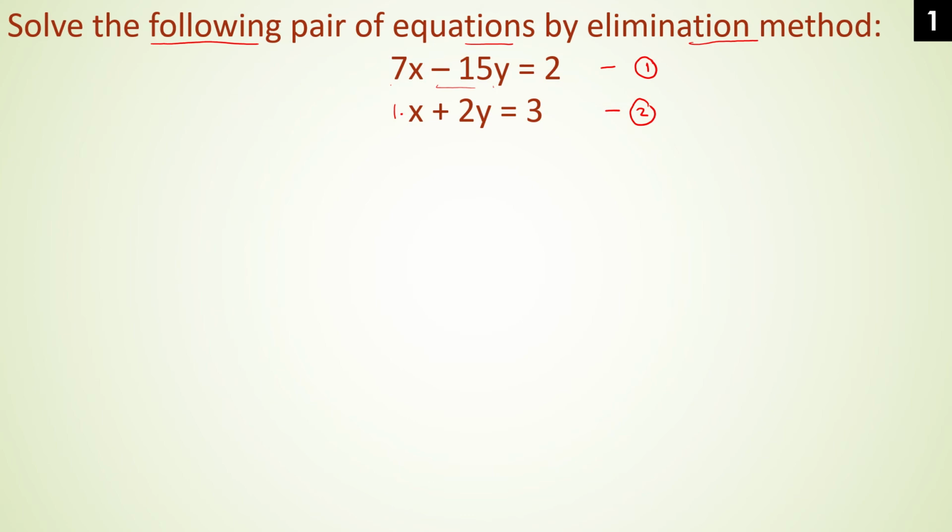So to equate the coefficients, we will multiply in a mutually reverse manner: the coefficient of x from the second equation, that means 1, will be multiplied with the first equation, and the coefficient of x in the first equation will be multiplied with the second equation.